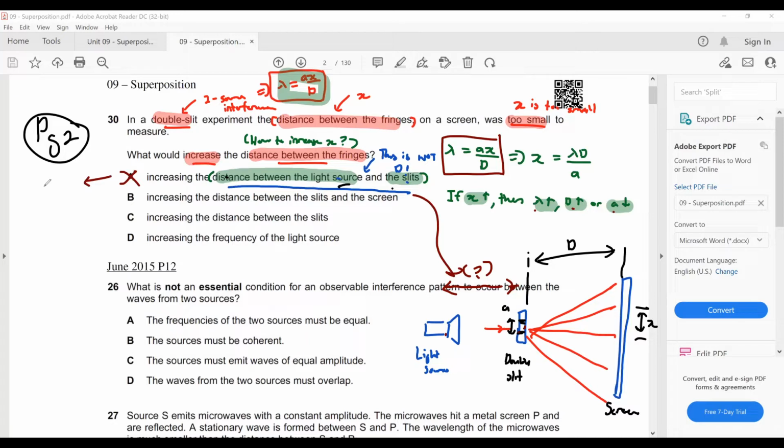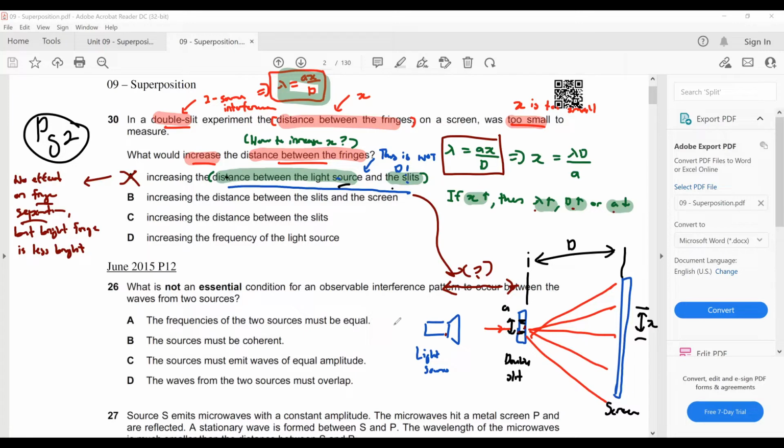Actually, it's not to say no effect. There is no effect on the fringe separation, but the bright fringe will be less bright.